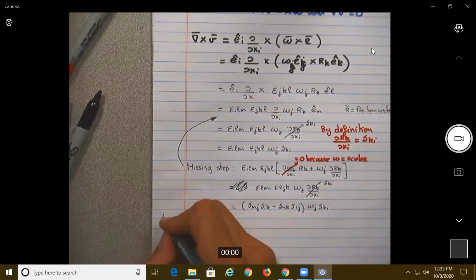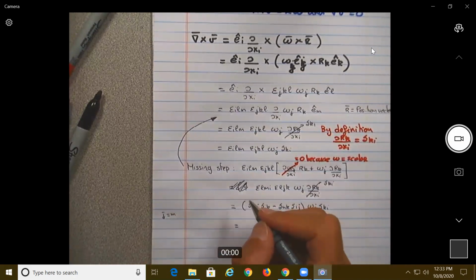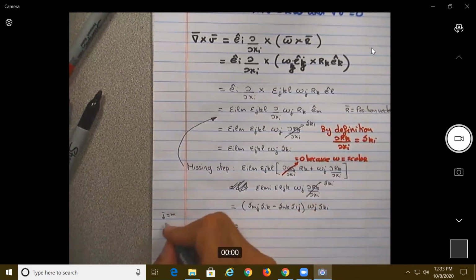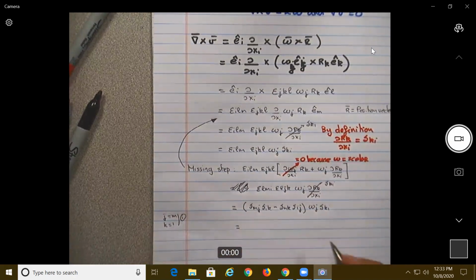So for j equal m, for k equal I in the first case, what do we get?